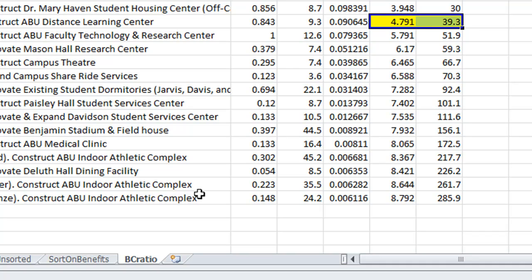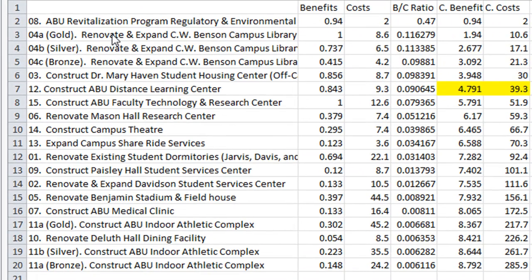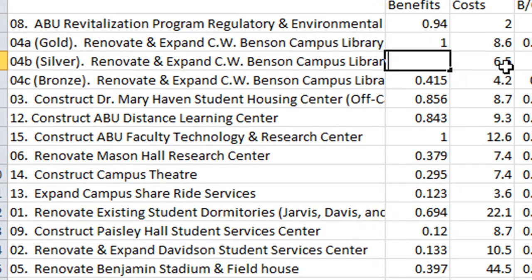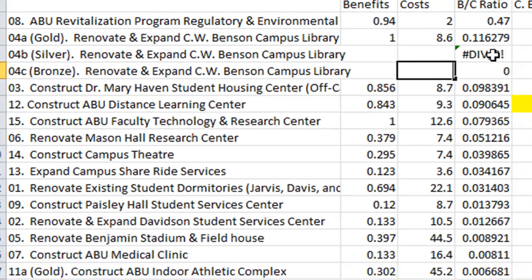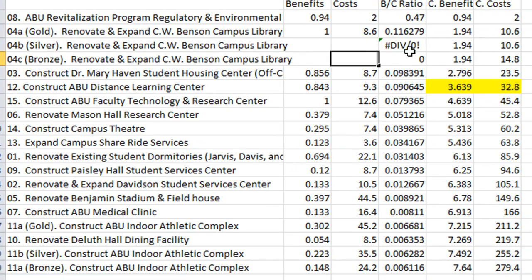Now let's look at a couple of other things here that we sort of overlooked. We see here that we've selected 4A, 4B, and 4C, but that's really not feasible because we can only select at most one of these. So a way to deal with that would be to take the benefits and the costs for the B and the C and just delete them, and we'll get some division by zeros, but we'll just ignore that.